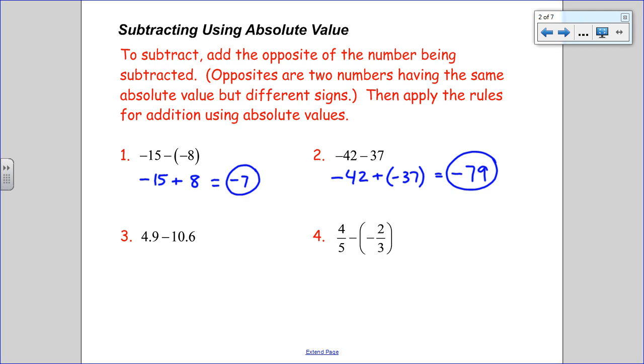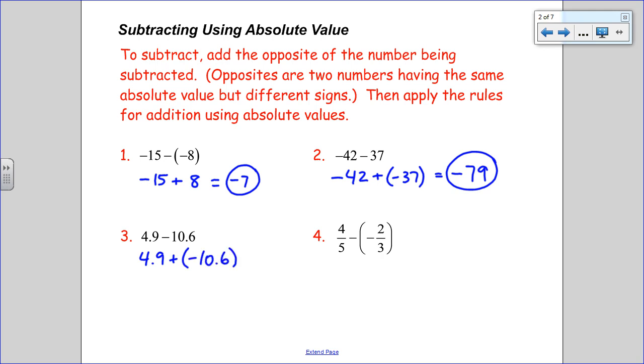These processes work for integers as well as decimals and fractions. So for example, in problem 3, we can rewrite the subtraction problem 4.9 minus 10.6 as 4.9 plus the opposite of 10.6.